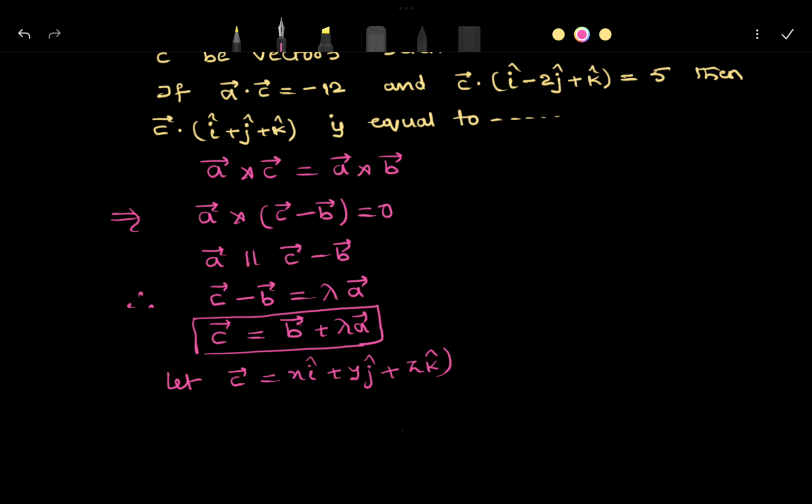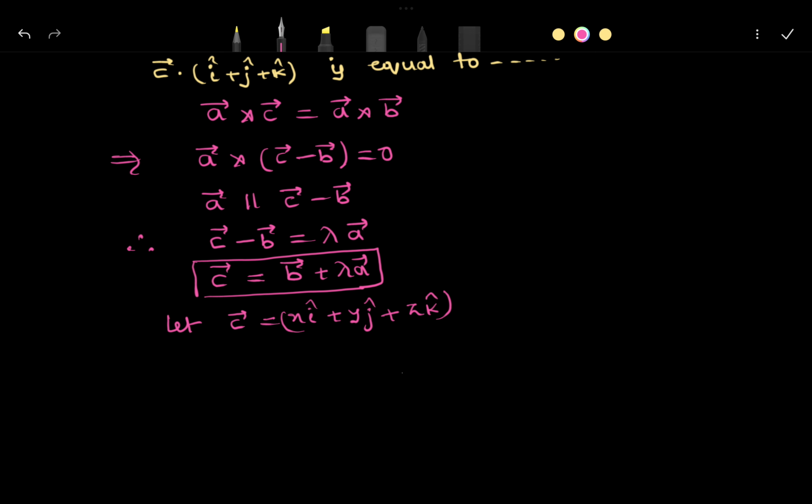Now substituting, C bar minus B bar is equal to lambda times A bar.